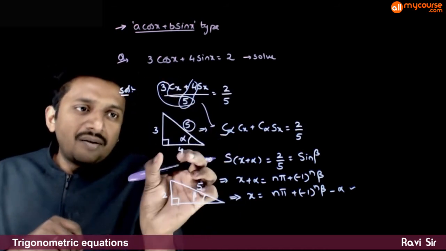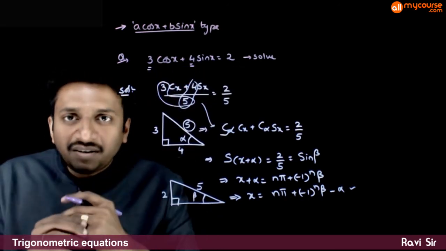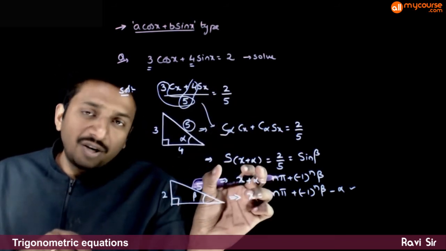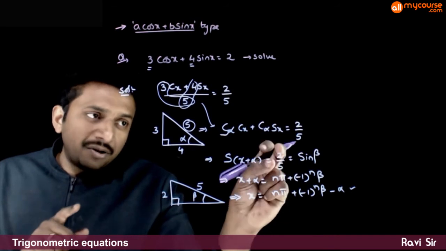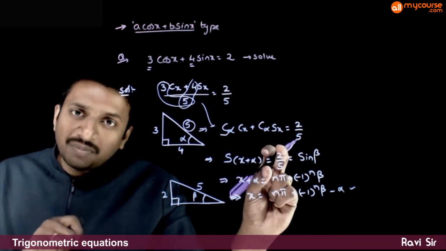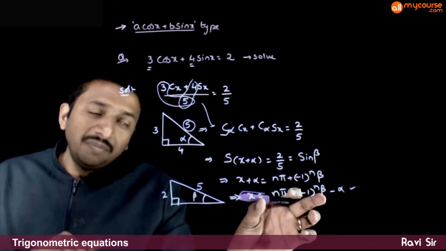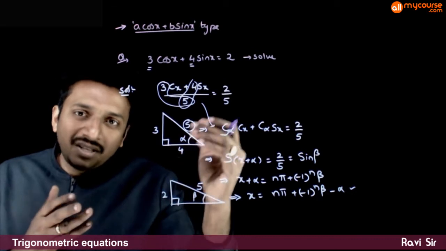First I draw a triangle with sides as the numbers given here, so I get an angle alpha, and I can convert this into a single trigonometric ratio. Similarly, you can draw a right angle triangle with these two numbers and you get a trigonometric ratio. Once you equate them, you get the answer. It's not necessary that I always convert this into sine.